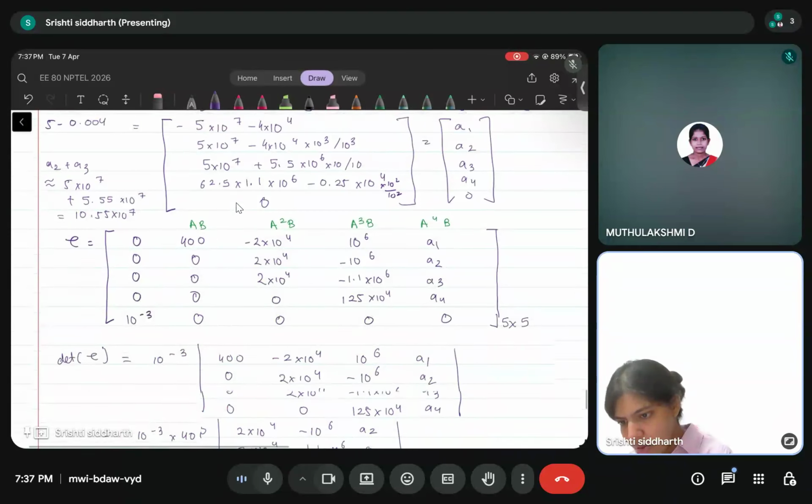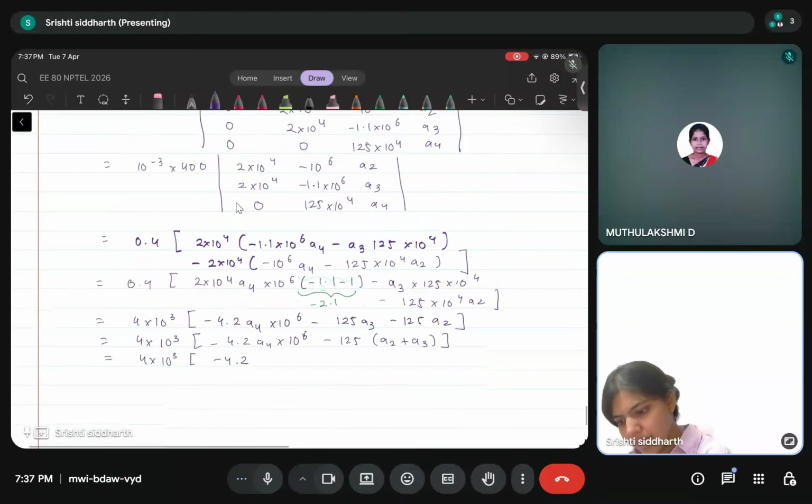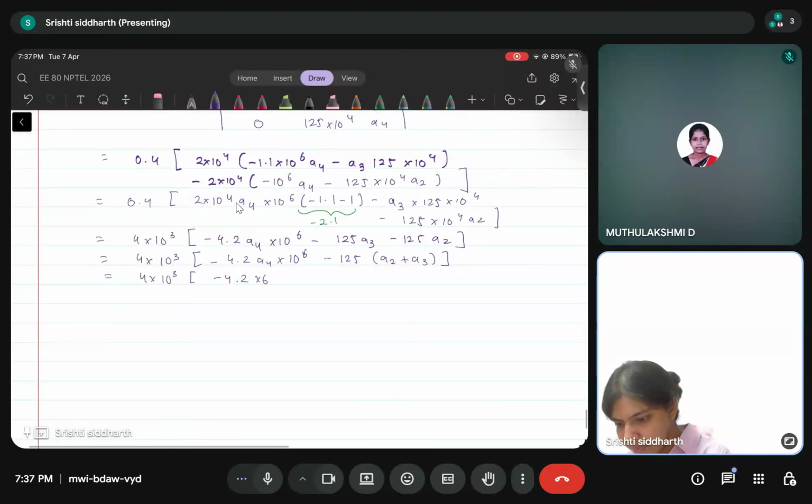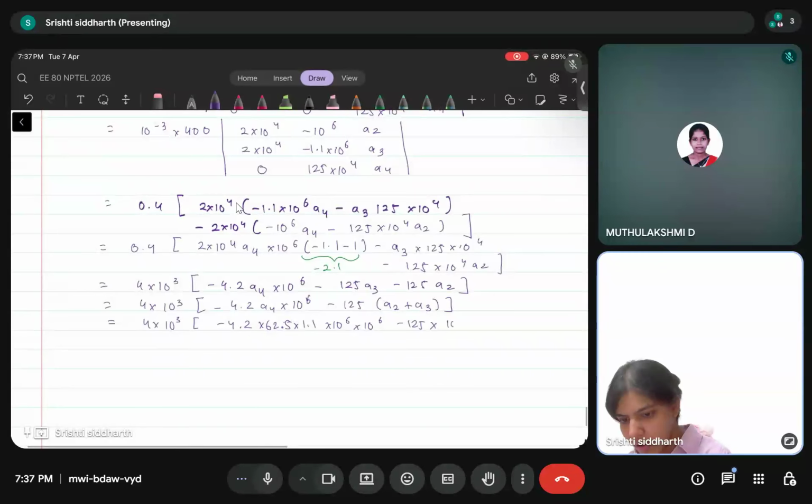So A4 is approximately 62.5 into 1.1 into 10 to the power 6, and 10.55 into 10 to the power 7.